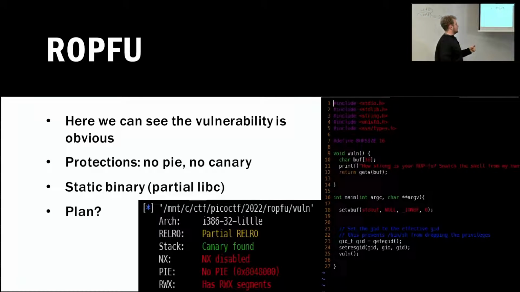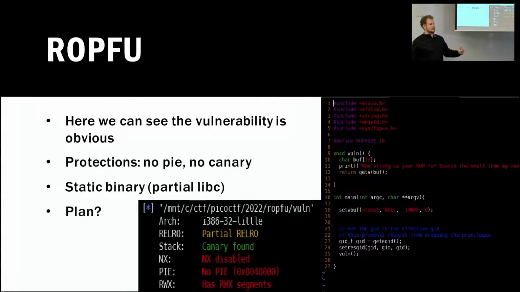Canary is found because this is a 32-bit binary, and 32-bit binaries do not have canaries. Never. This is a false flag. The first time I saw this, I was very confused. But yes, x86 binaries do not have canaries.